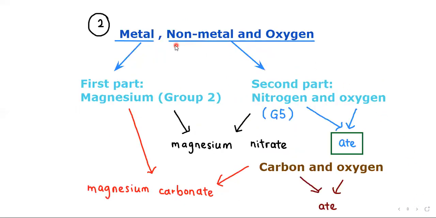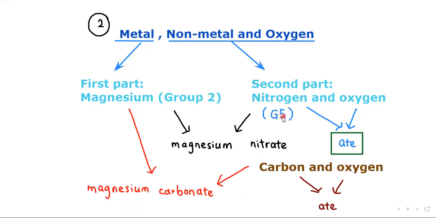So now we are going to the second way to name a compound, when you see there is a metal, a non-metal, and an oxygen. So what to do with this? The question gives you magnesium together with nitrogen and oxygen. We know that magnesium belongs to group 2, acting as a metal.